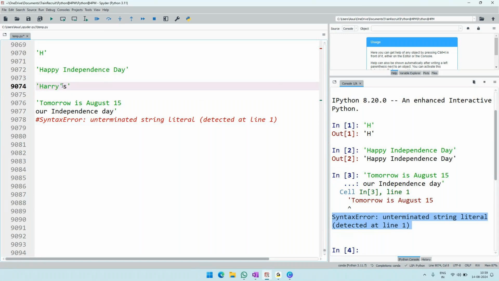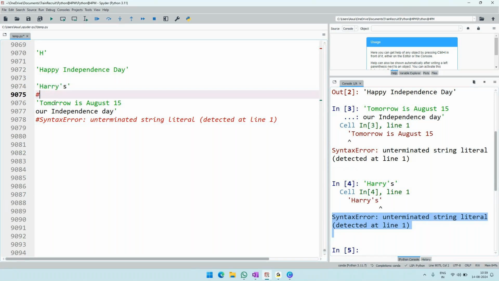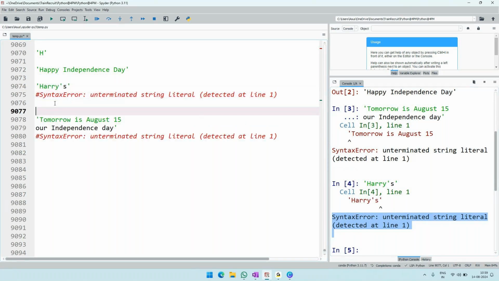Whenever you give a single quote, it will think that this is the end. So that is why the rest is not considered. So this is not allowed, and this is also not allowed.